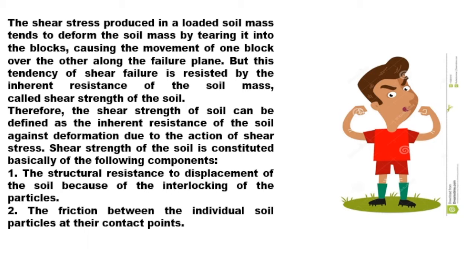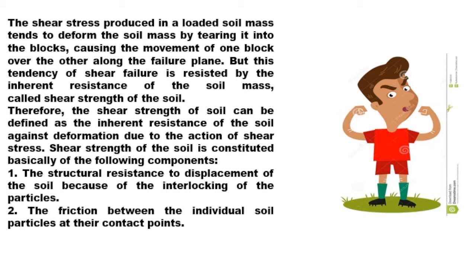Just imagine that a loaded soil mass tends to deform by tearing into blocks, causing the movement of one block over another along the failure plane. Whenever there is failure in the soil in such a way that one block deforms another block, shear failure is seen.